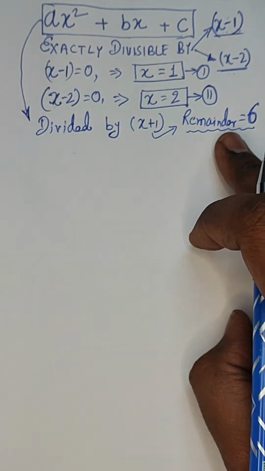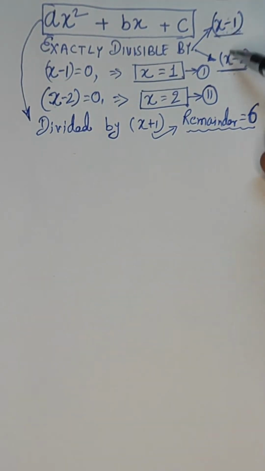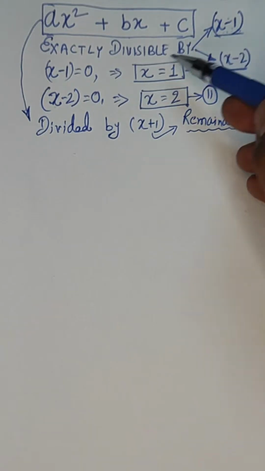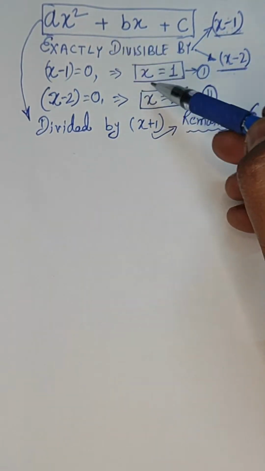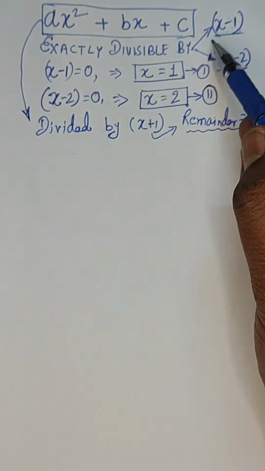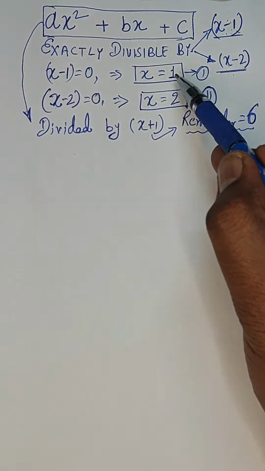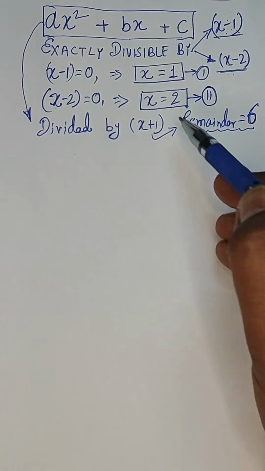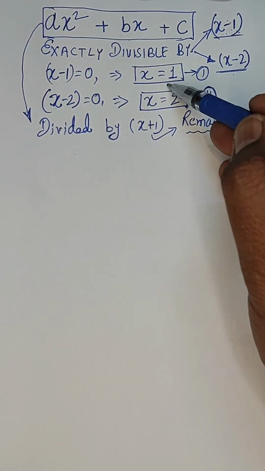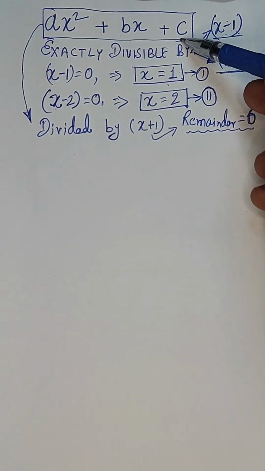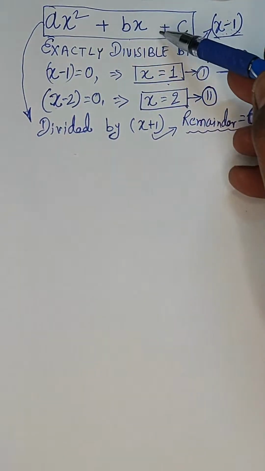Now my dear friends, these are the factors, because they divide this polynomial exactly, and when we equate with 0, we get the two values x equal to 1 and x equal to 2. When we put these values into this polynomial, you get certain relations between a, b and c.